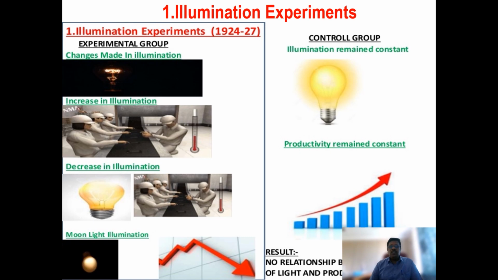Next, the illumination experiments. You have seen the picture: the experimental group on one side and the control group on the other. In the control group, illumination remained constant and productivity remained constant. In the experimental group, changes were made in illumination, higher and lower, increasing or decreasing, and productivity remained the same as in the control group.